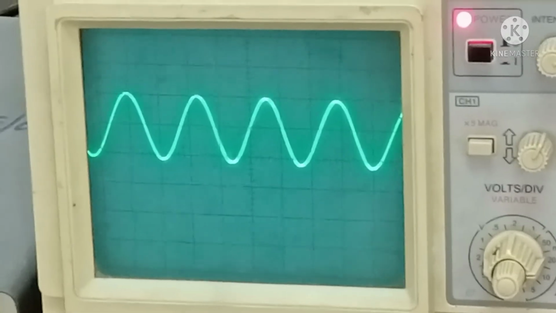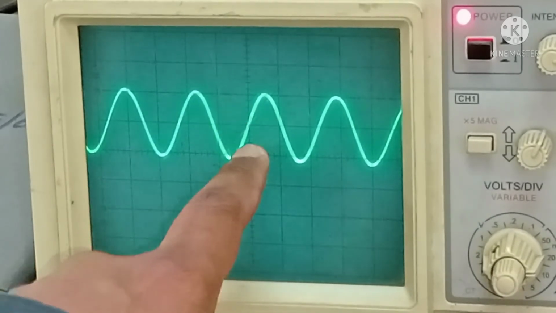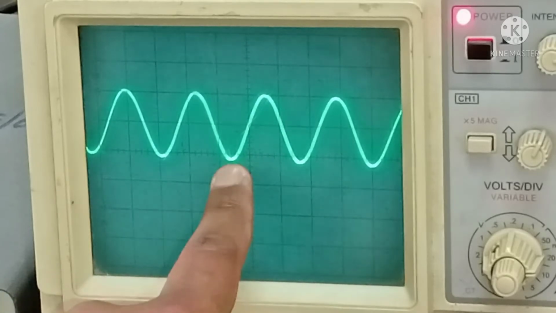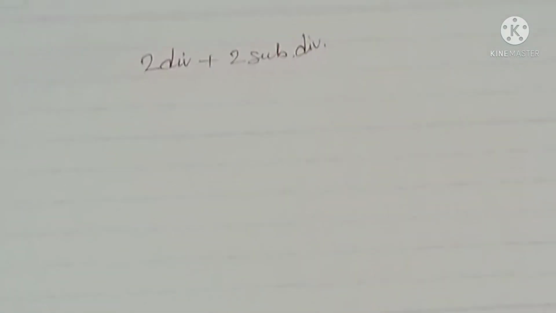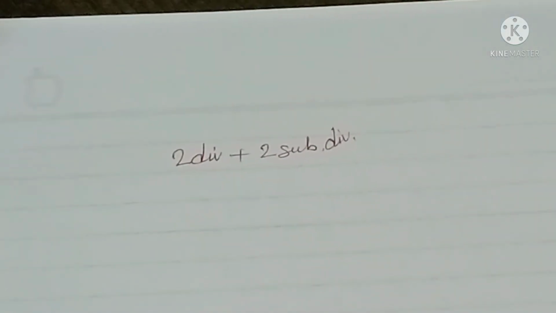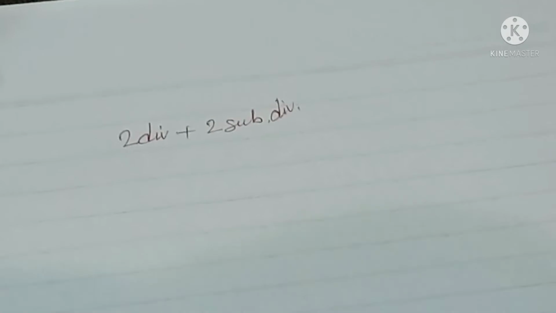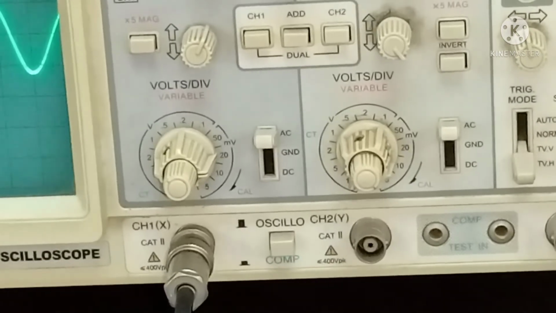Now I am going to convert this. You can see vertically 1 block means 1 division, so 2 blocks is 2 divisions, and then 2 subdivisions. Now, if you have to find the value of 1 division, you have to see the volt per division.